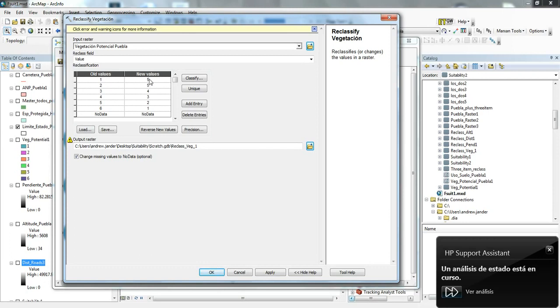This is just based on expert opinion. The areas that are the evergreen tropical forest or the cloud forest areas are considered 5, and then the evergreen forest is considered 4. The more pine associated forest is 4, and then on down to 1 for the aquatic.